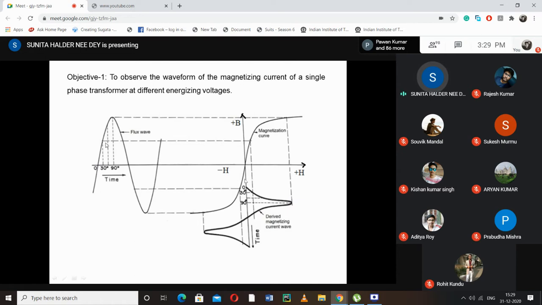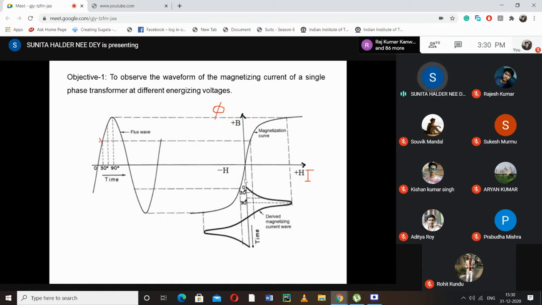For each value of flux, we plot the current. In the BH graph, the y-axis gives the flux, because B is proportional to phi and H is proportional to I. So this may be a phi-I curve also. In that case, this side will be I and this side will be phi.